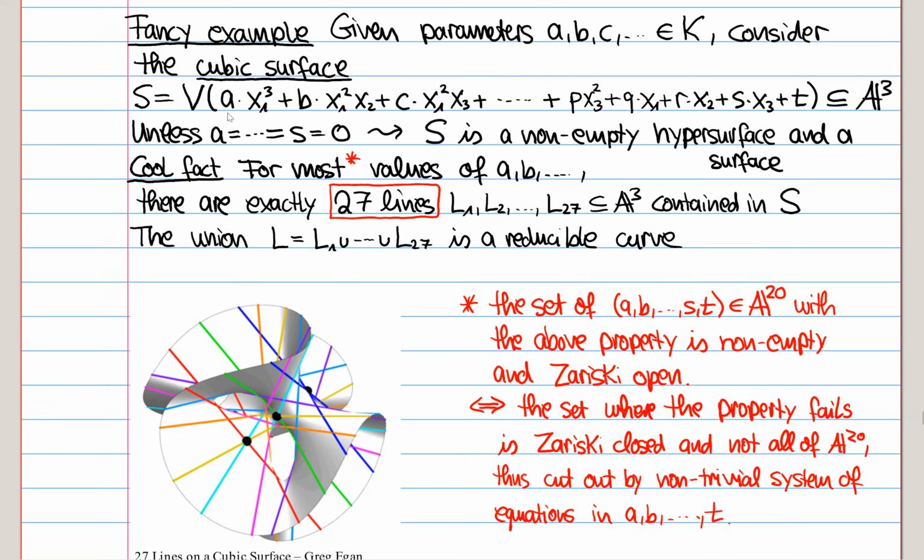For example, if you choose a to be 1 and b to be 1 and the other parameters to be 0, then you would simply get an equation of the form 1 times x1^3 plus 1 times x1^2 x2 is equal to 0. But in general, you could place arbitrary numbers here. And then for each choice of these parameters, you would get one equation and therefore one affine variety.